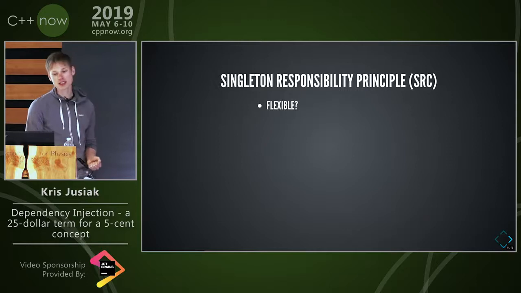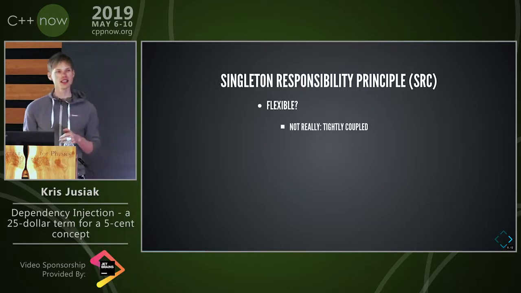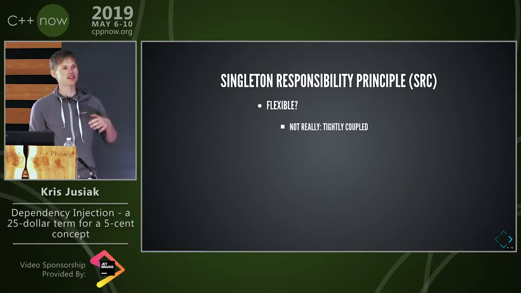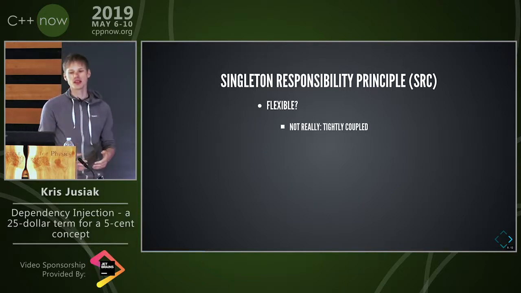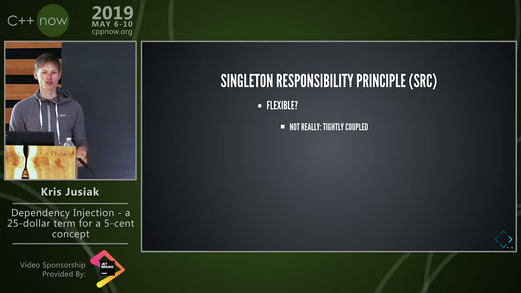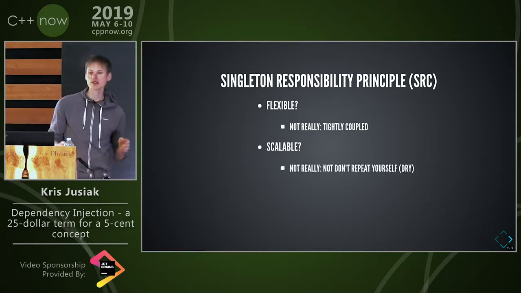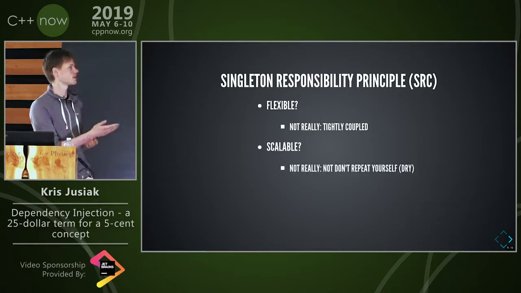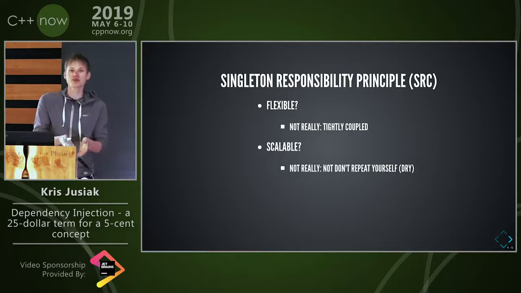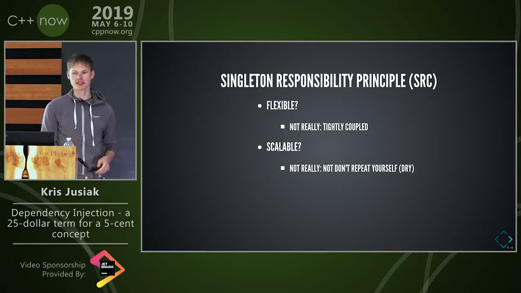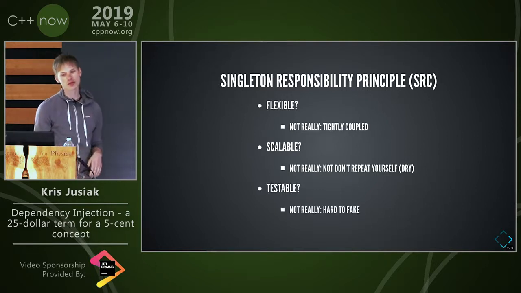So is that code flexible? Well, it's more flexible than it was before, but it's still tightly coupled because speaker and attendees were coupled to the talk. Is it scalable? Not really, because we often have to repeat ourselves because the name was coupled to the speaker. So if you have a different speaker, we have to create a different class. Is it testable?